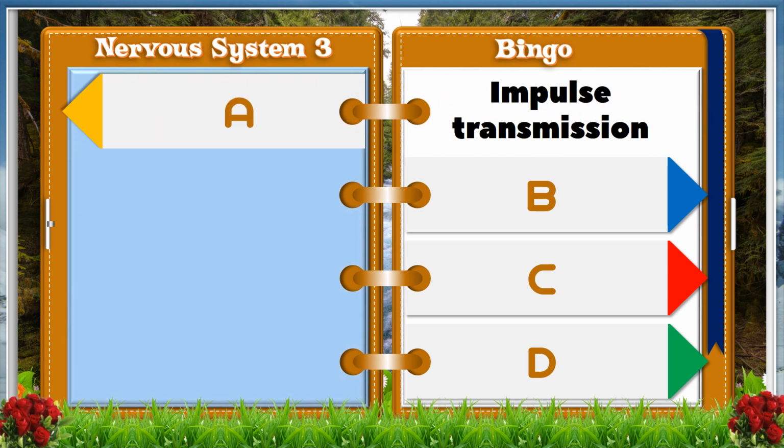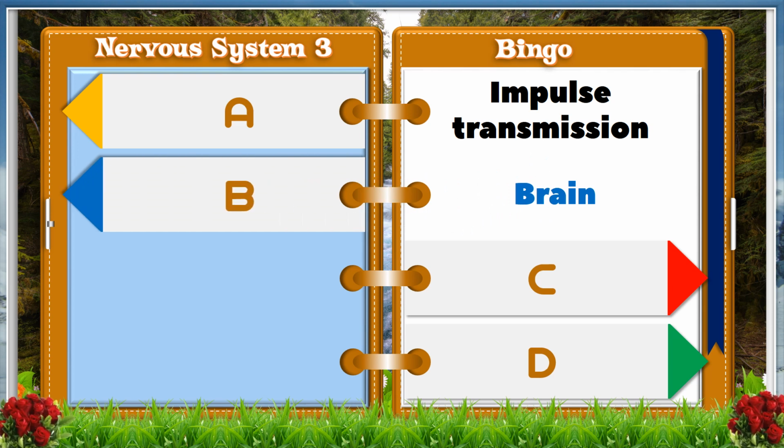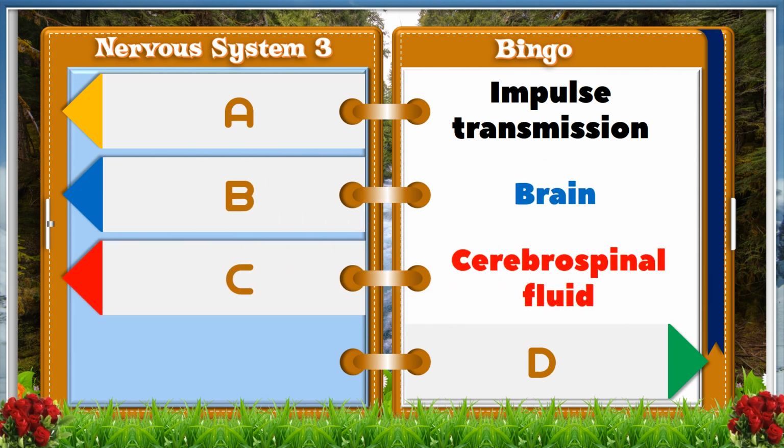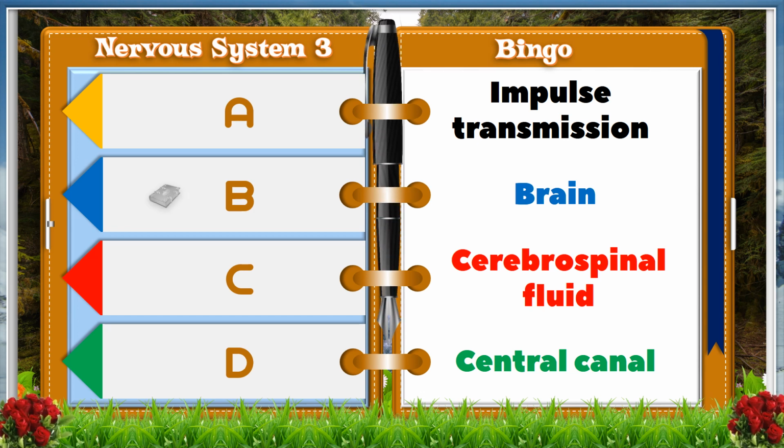A. Impulse transmission. B. Brain. C. Cerebrospinal fluid. D. Central canal. And the answer is B. Brain.